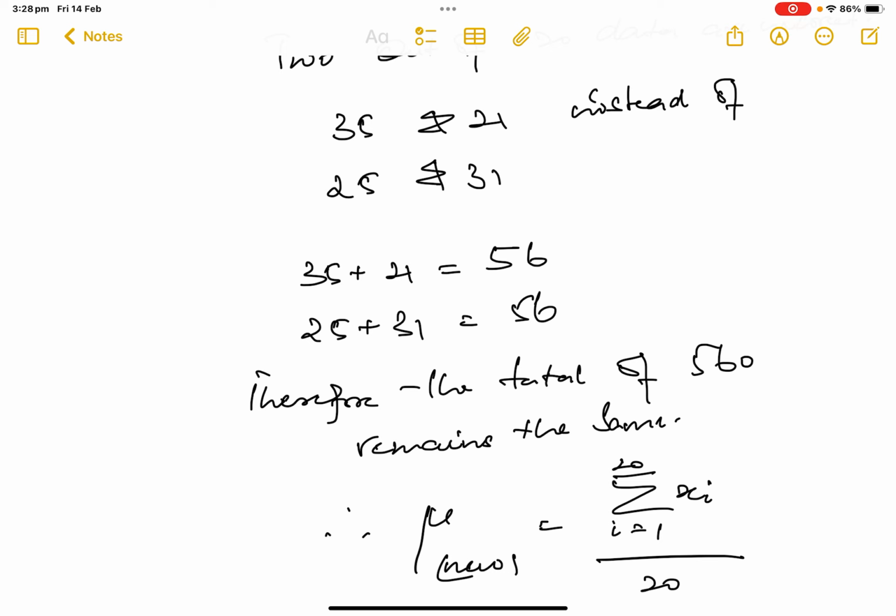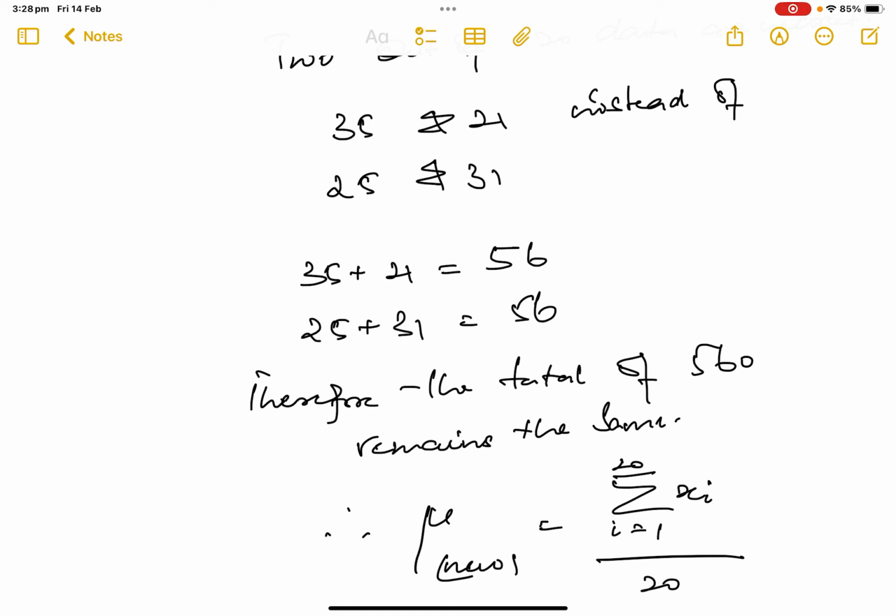So the total of 35 and 21, the incorrect values, is 56. And the correct values of 25 and 31, again total 56. So the grand total does not change. So the total is still 560, even though there are two errors.